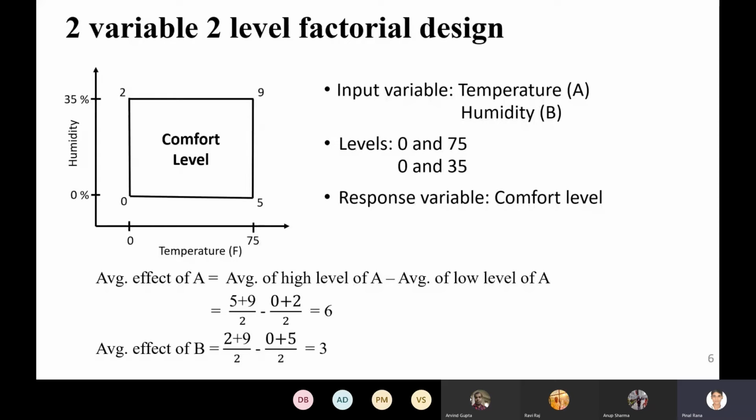First, we find the average effect of A and B and then move forward further.